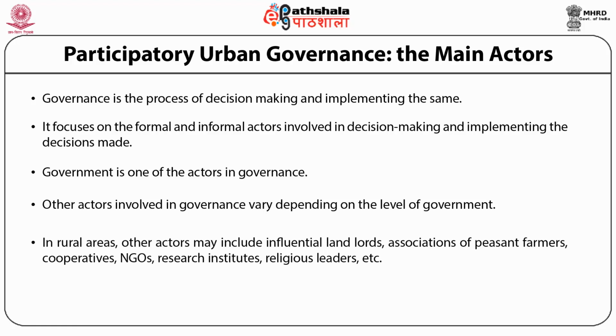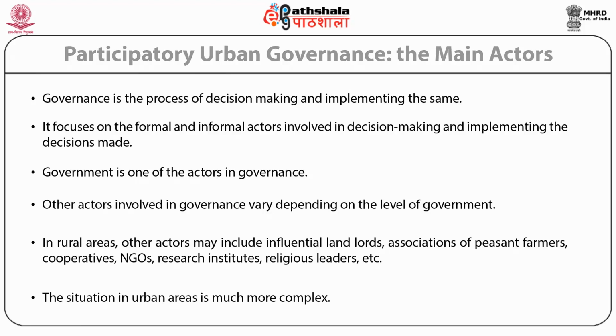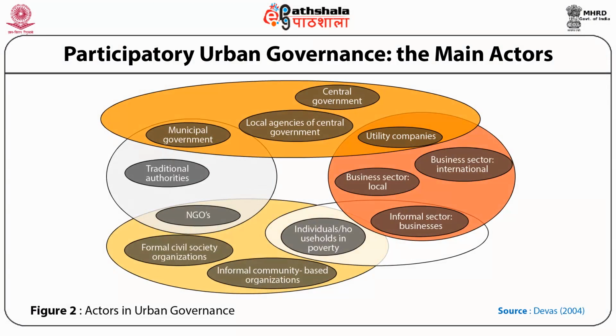In the rural areas, for example, other actors may include influential landlords, associations of peasant farmers, cooperatives, NGOs, research institutes, religious leaders, and others. The situation in urban areas is much more complex. Figure 2 provides the interconnections between actors involved in urban governance. All actors other than government may be grouped together as part of the civil society.